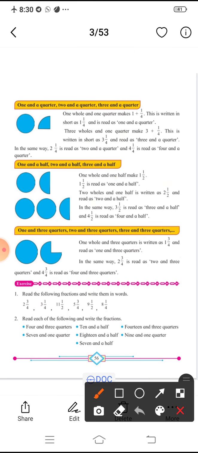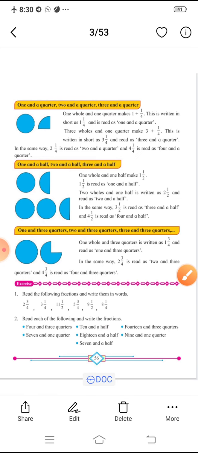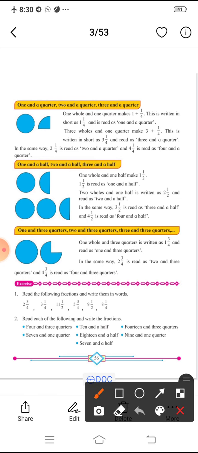Yes. Now what we will do, students, before starting with the PDF of this page 56, copy everything. I've written in the PDF the heading and I've written there, copy it from the textbook. So you are supposed to copy everything from the textbook and write it in your notebook before starting the exercise.